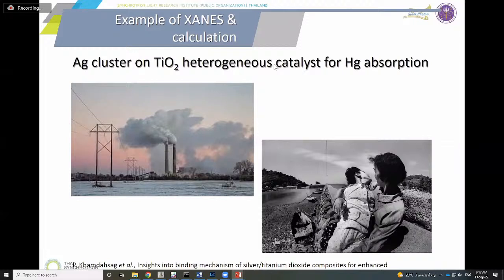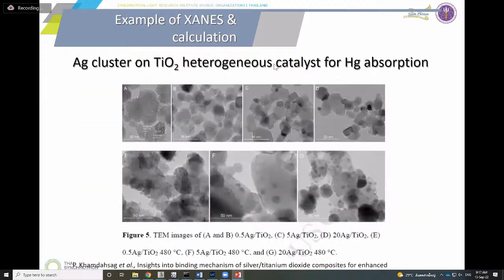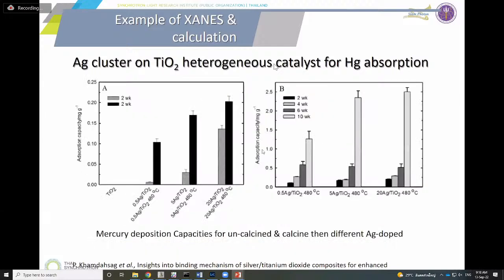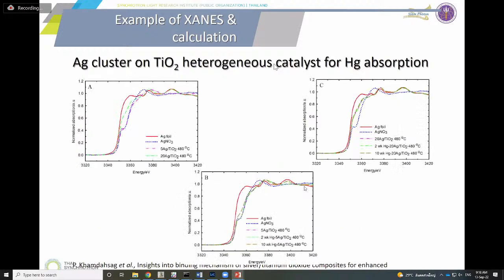This is the work of researchers trying to synthesize a catalyst that absorbs mercury. Basically, it's titanium dioxide nanostructures doped with silver. And when they tested the ability to absorb mercury, it went very well. They did absorption spectra.